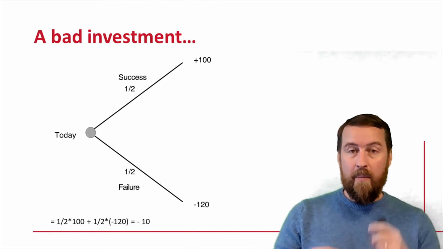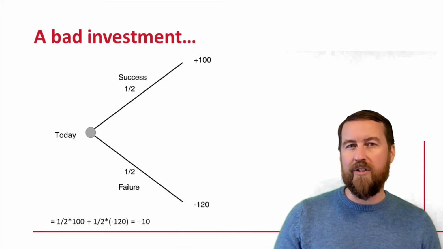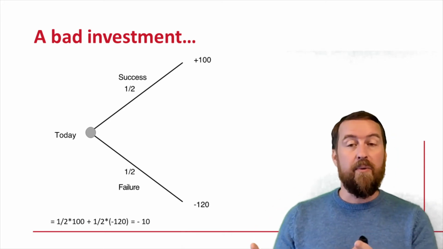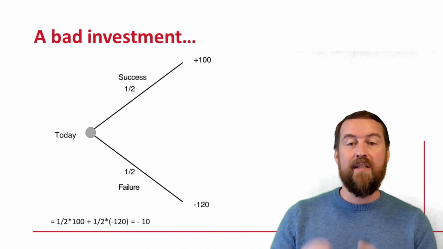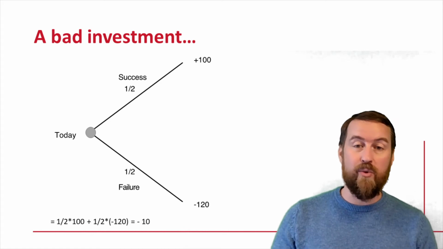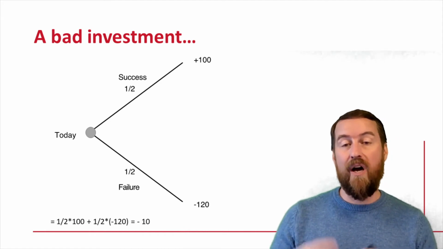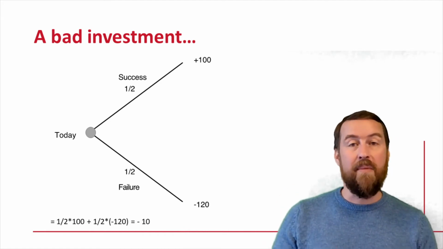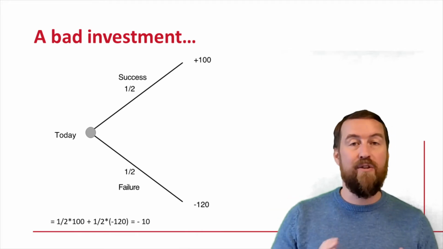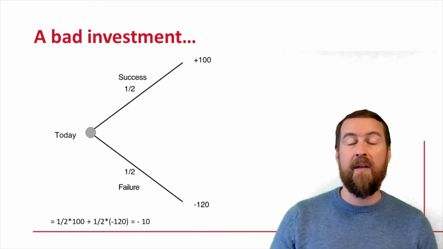Below, I've done the small calculation so you can see half or 50% times 100 plus half times negative 120 is a result of minus 10, meaning in a traditional sense, we should not do this investment.